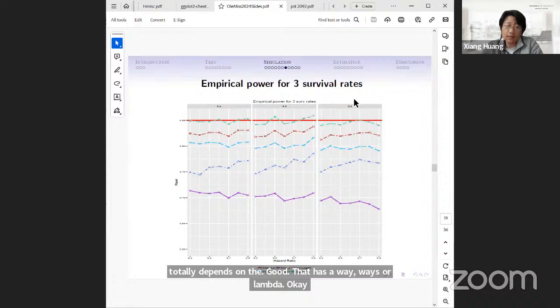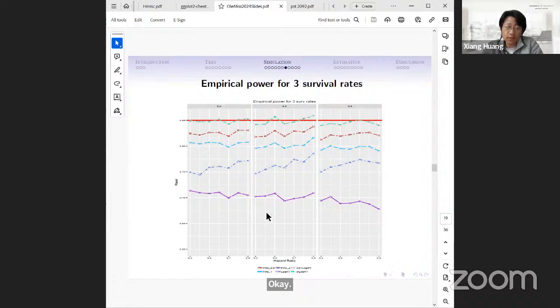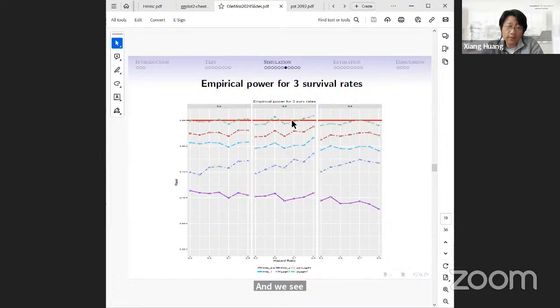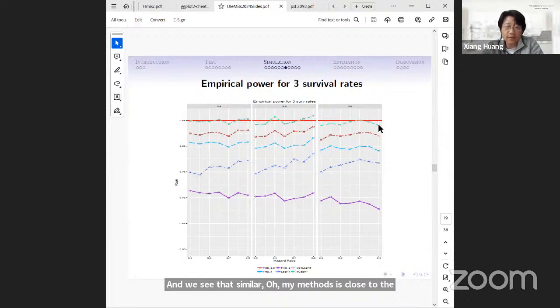And in these scenarios, the transition period, which I didn't mention, is actually from 90 to 180 days. And we see similar performance here. Our method is close to 85%, because the simulation data is generated in that way.